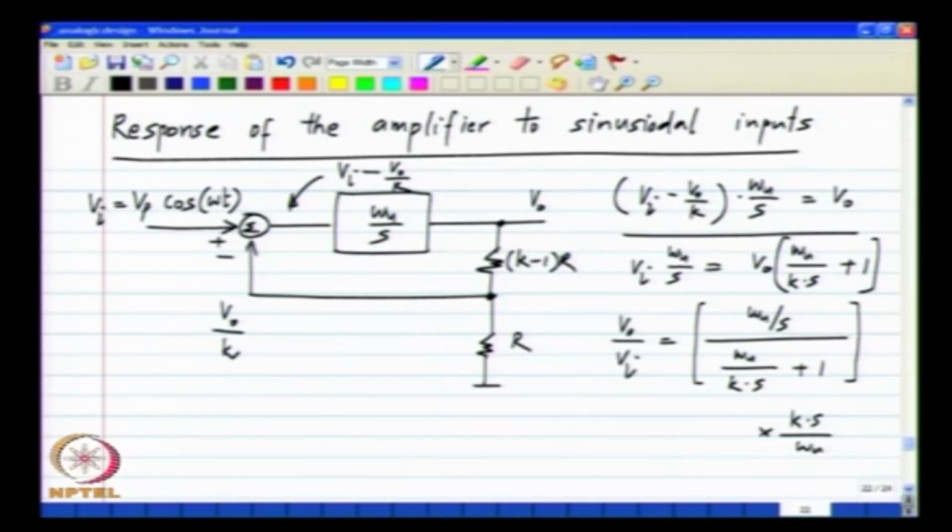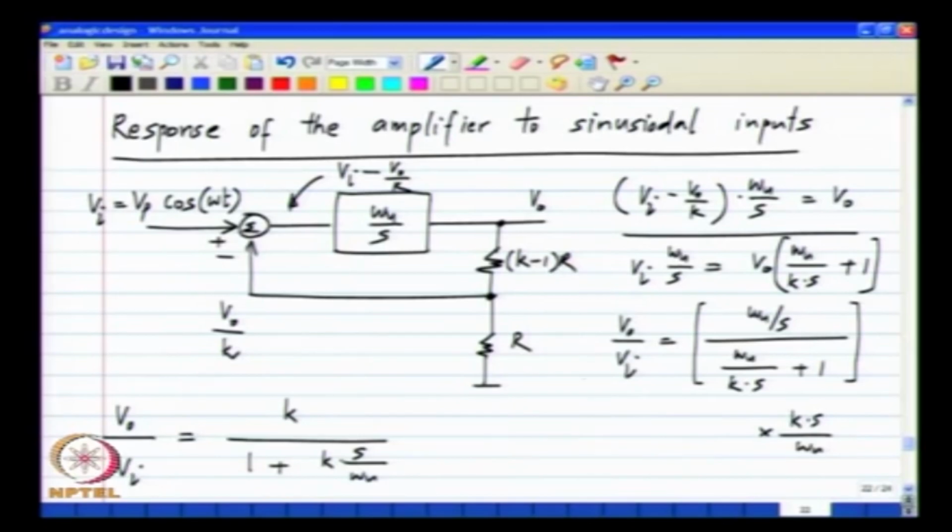Okay. So, when we do that, V naught by Vi becomes k divided by 1 plus k times s by omega u. So, what is this saying now?